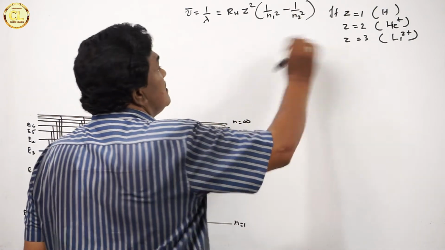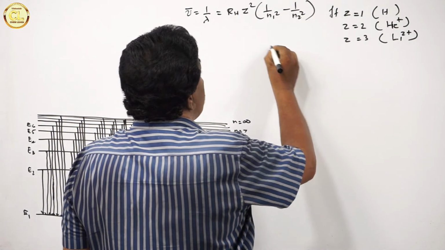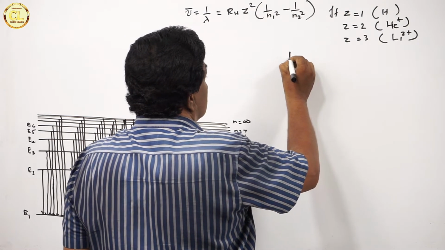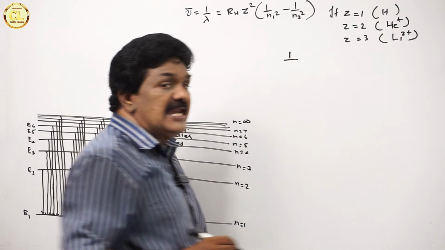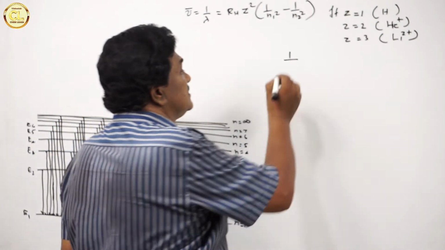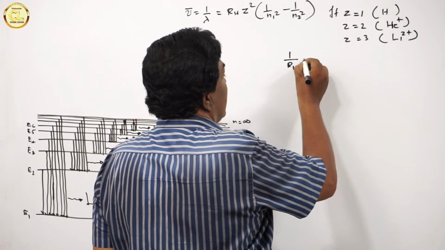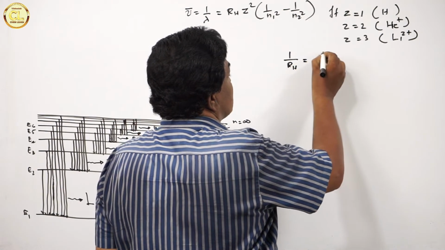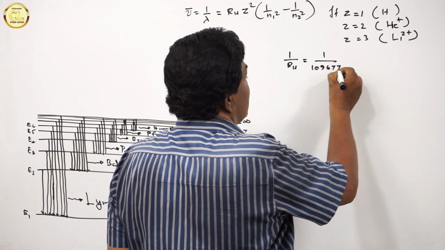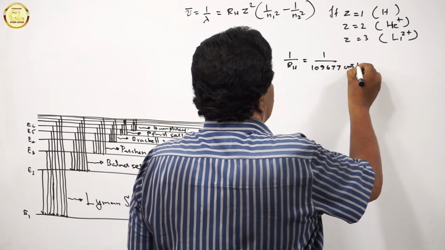See, in this relationship, the 1 by RH value is very important for calculating the wavelength of a particular line in a series. See, 1 by RH value can be expressed as 1 by RH is equal to 1 by 109677 centimeter inverse.